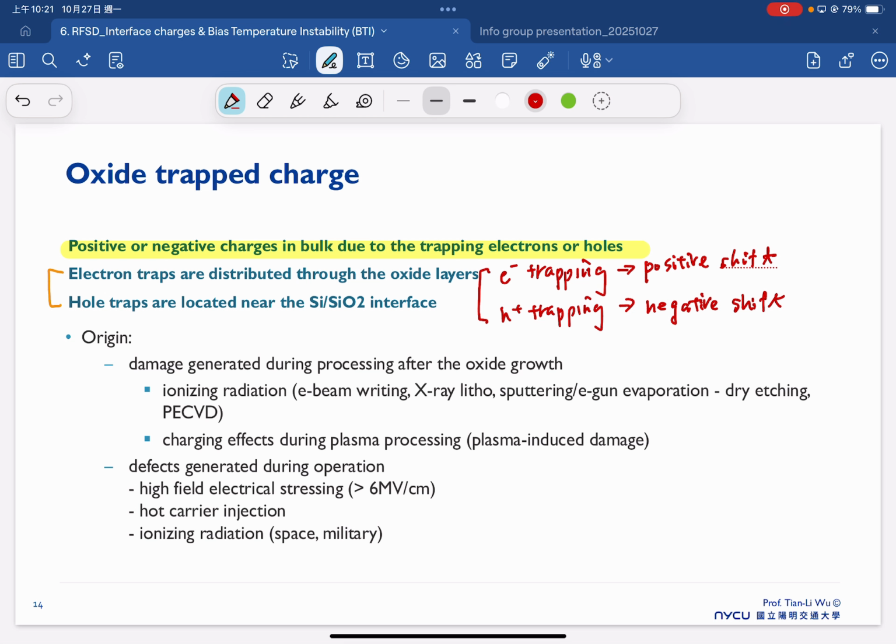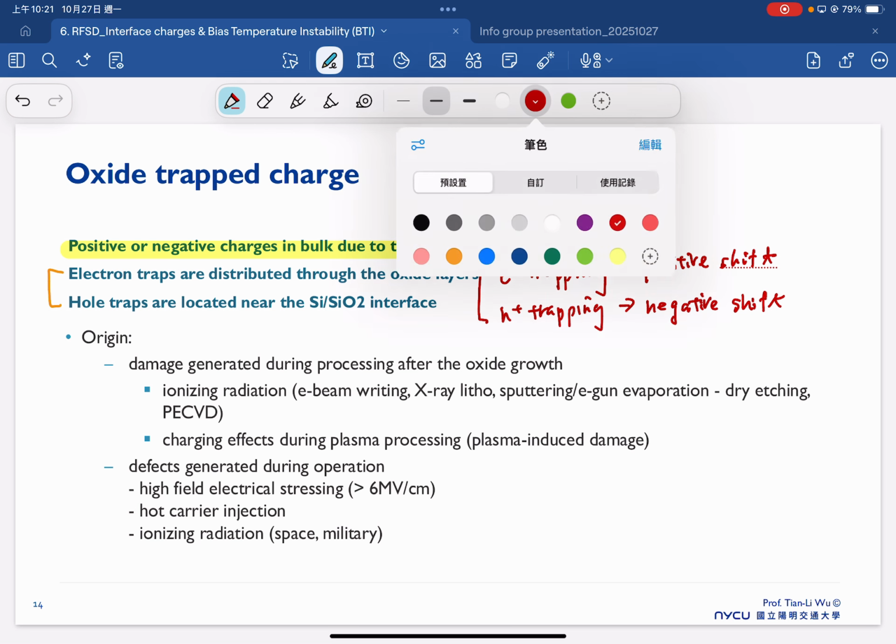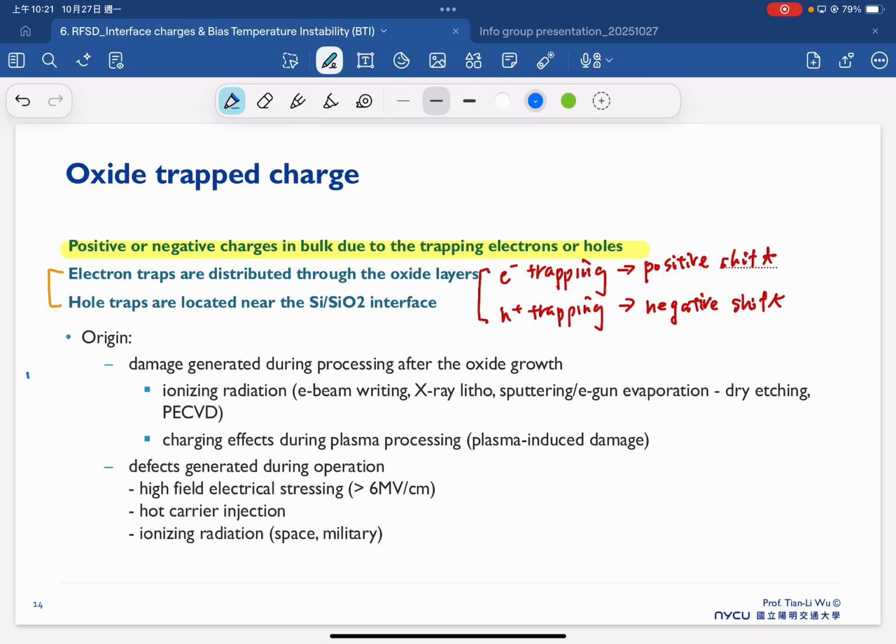So here, let me list several possible origins. The first one is damage generated during the process after the oxidation growth. Also, it can be due to ionization, radiation, or charging effects during plasma processing. But in any case, it can be related to the process.